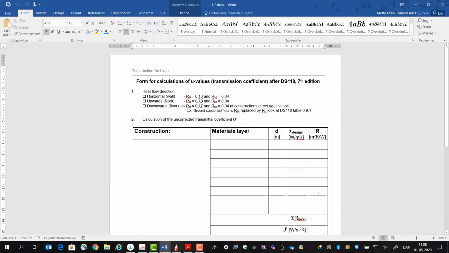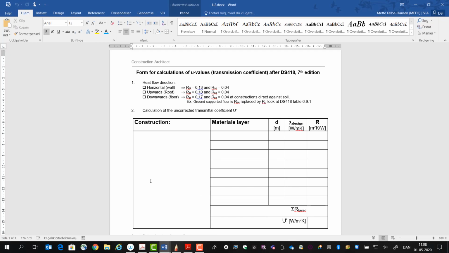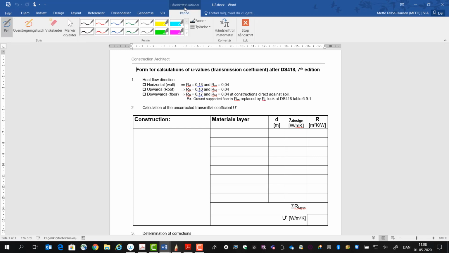and I draw again up the construction. We have the brickwork on the outside, and I have the light clinker on the inside. I'm sorry for the drawing.